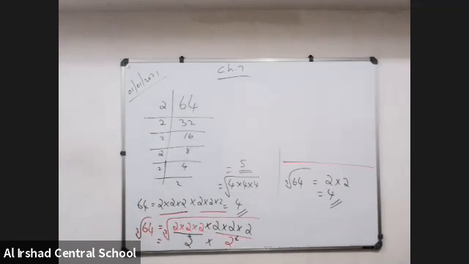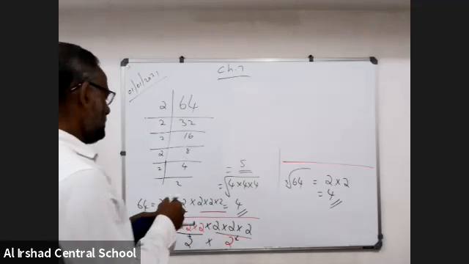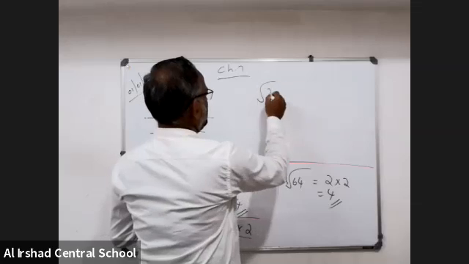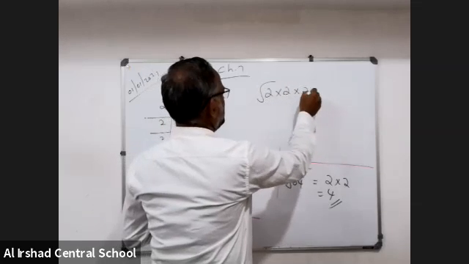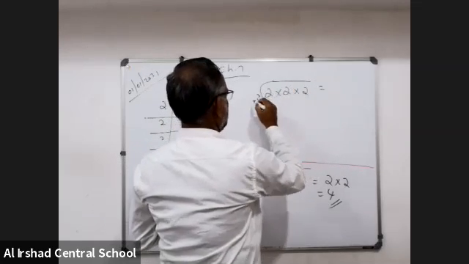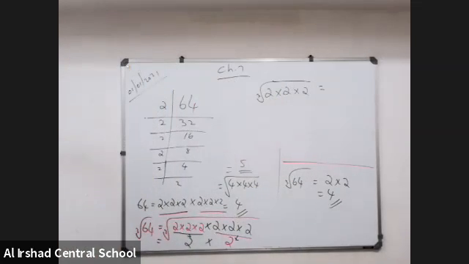Now division, 3, 2, 1, 2 we are taking outside. Because you know, cube root of 2 into 2 into 2, what is that? 2.